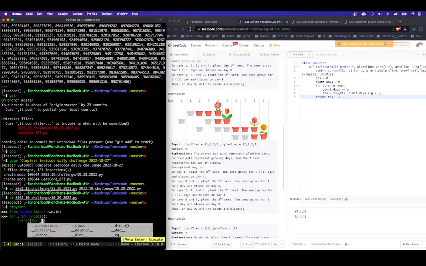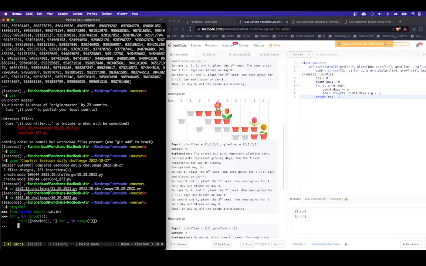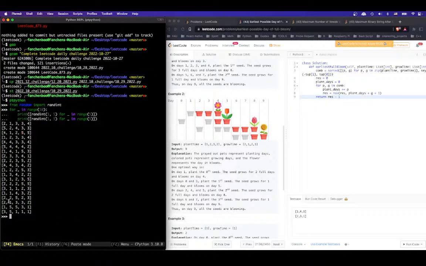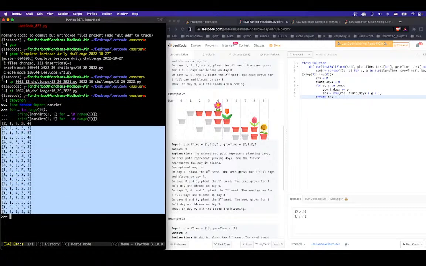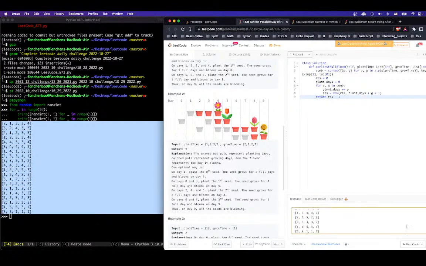For this range 5, we're going to say rand int 1 to 10. Simple. 1 to 5, even simpler. Then we're going to do the same thing for these. Very simple. Just trying to probe the system, see if this is right.